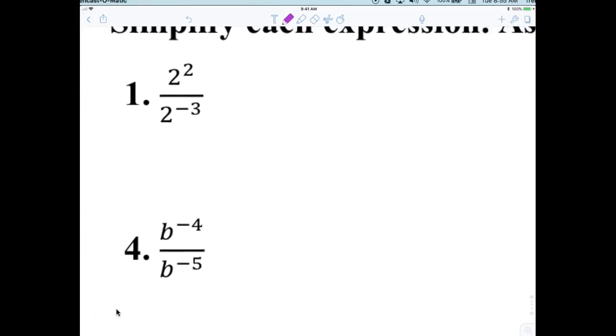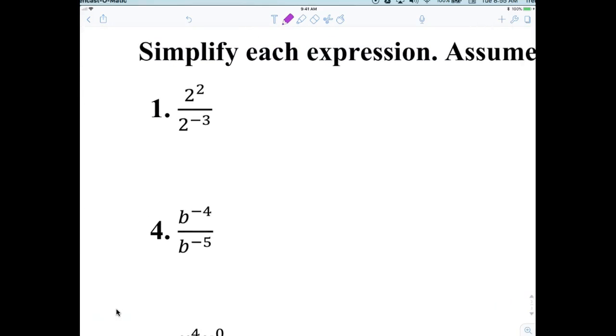All right? So, in my opinion, you should take this negative 3, and you're going to move it where? To the top. So then you're going to write 2 squared times 2 cubed, which is the same as 2 to the 5th.